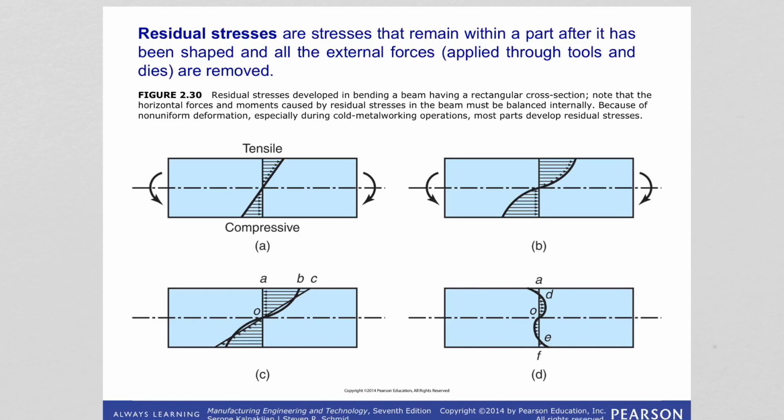So residual stresses, throughout the class we will talk about these when we are talking about manufacturing processes. When we shape a part, even if we remove all external forces, there are going to be stresses remaining inside the material. Okay, so first, in A we are seeing a part that is under bending.